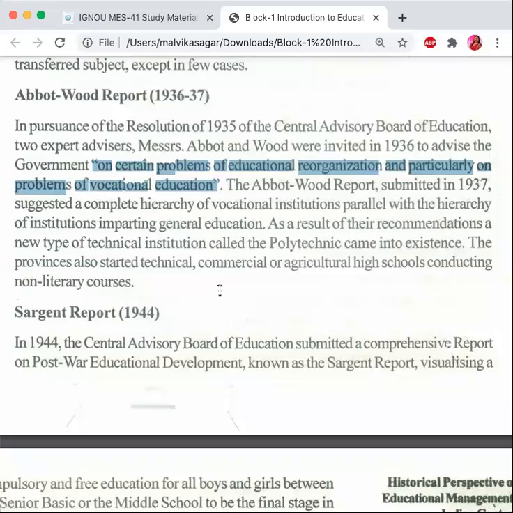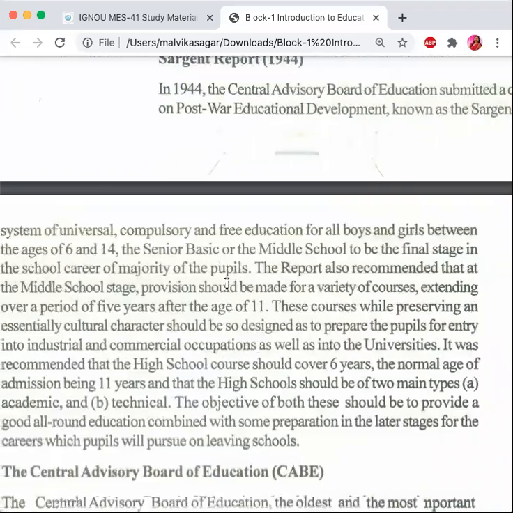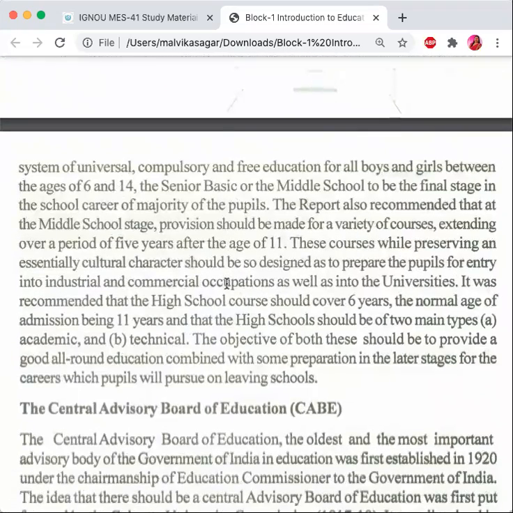Sargent Report, 1944. In 1944, the Central Advisory Board of Education submitted a comprehensive report on the post-war educational development known as the Sargent Report, visualizing a system of universal, compulsory, and free education for all boys and girls between the age of 6 and 14. The senior basic or the middle school was to be the final stage in the school career of the majority of pupils.